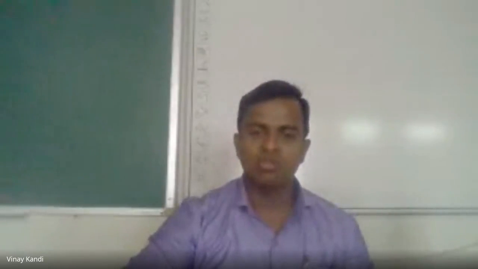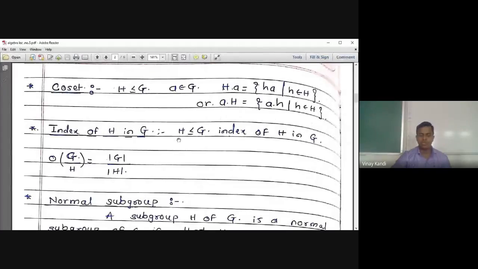If G is the quaternion group and H is plus or minus 1, then what is the index of H in G? 4. Whether this statement, the index of H in G for an infinite group, is it possible? Is it true? If G is an infinite group, whether this statement is true or not.